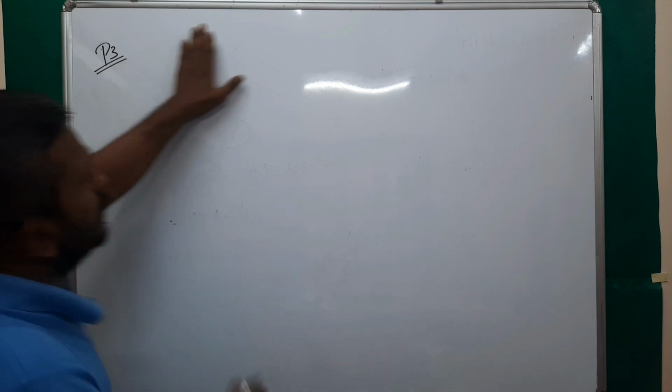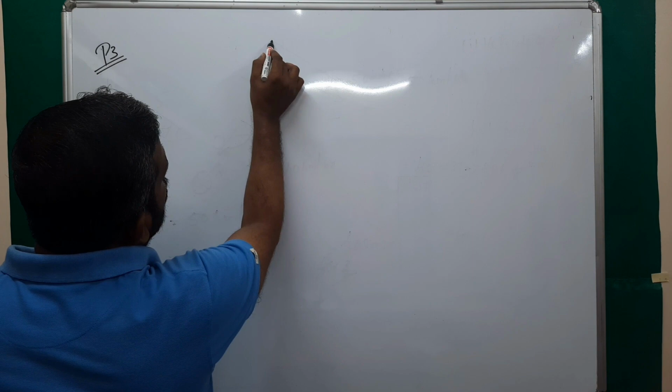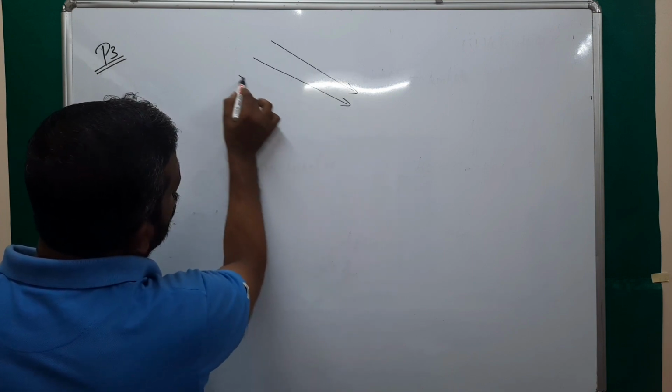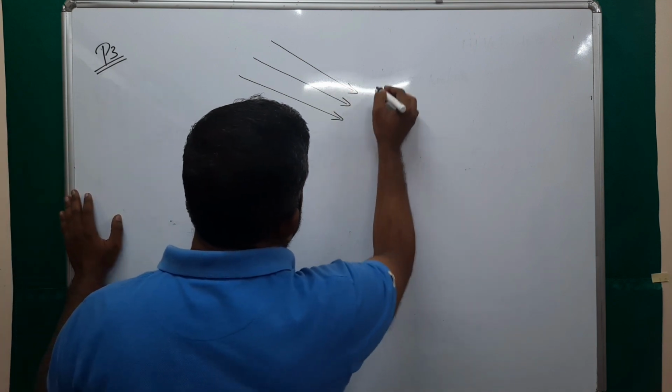So what is the question? Rain is falling, making an angle 37 degree with a speed of 50 km per hour.